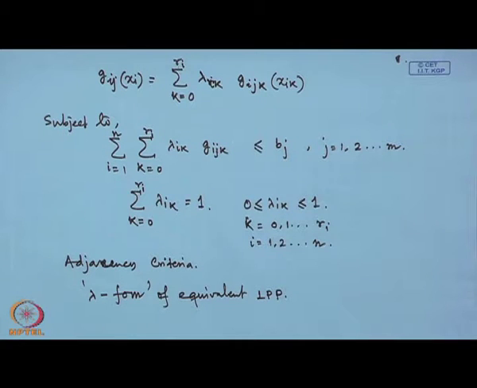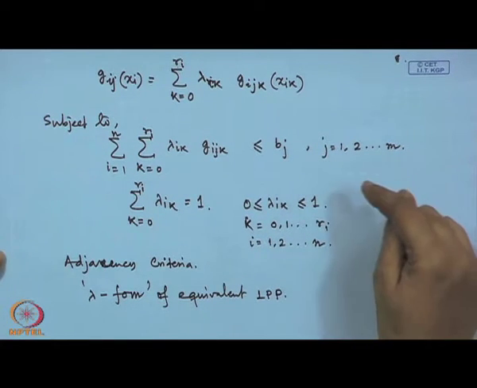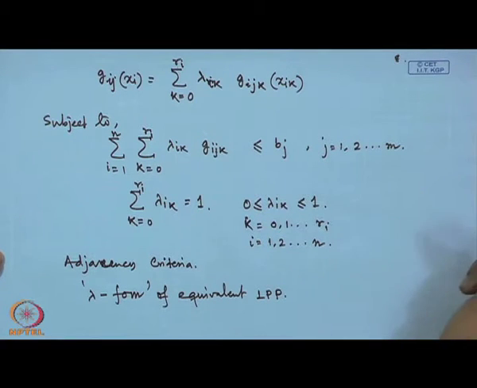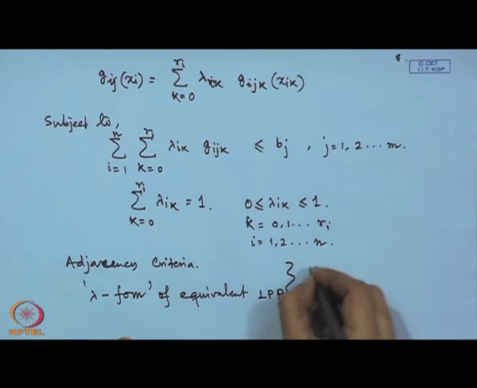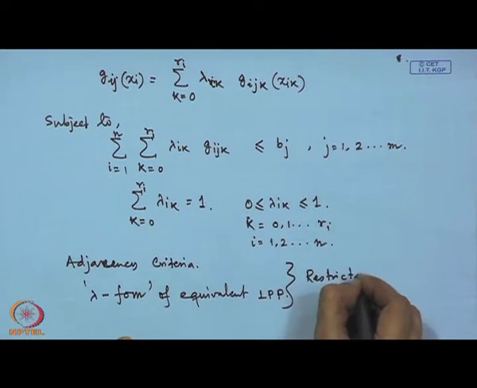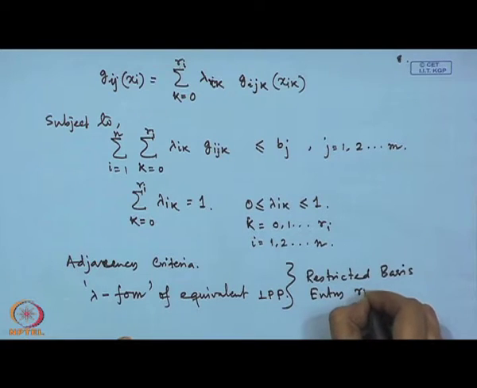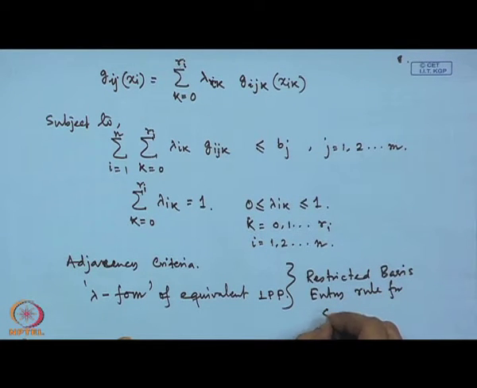And this adjacency criteria means that in this linear programming problem, when we solve with the simplex algorithm, a restricted basis entry rule will be imposed, and that is that at a time, at the most 2 lambda I k's can be in the positive level, and this is the restricted basis entry rule for the simplex algorithm.